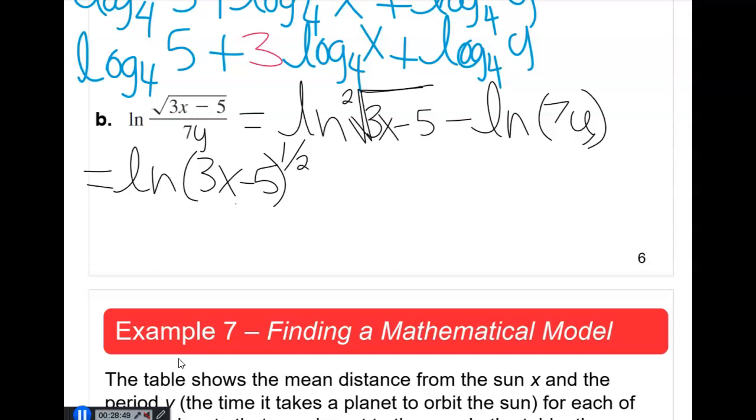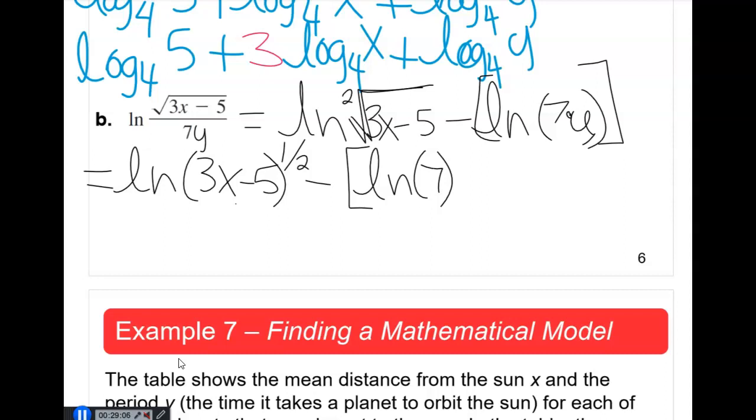And then what I notice here is that natural log of 7y has a product in there, 7 times y. So I can go ahead and simplify that into the sum of 2 logs.